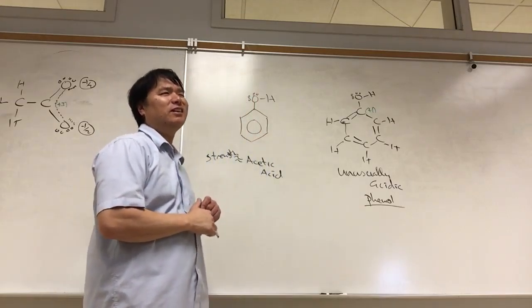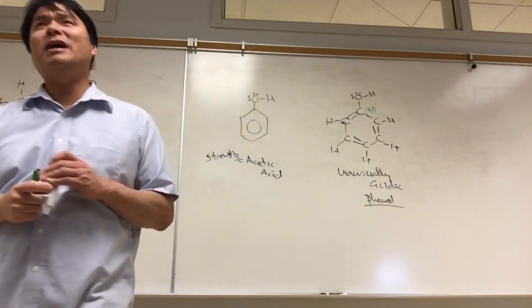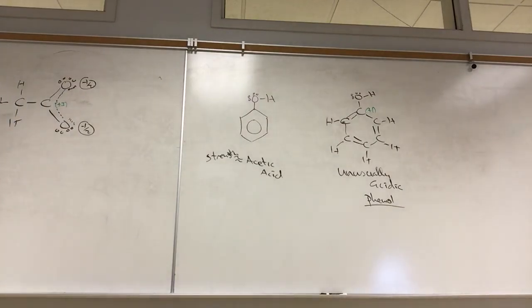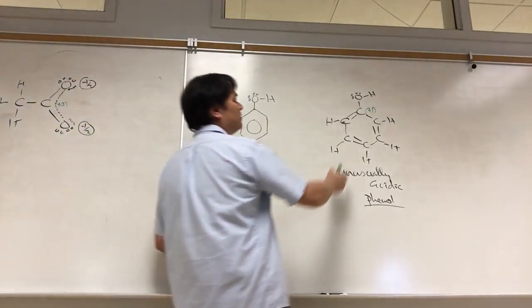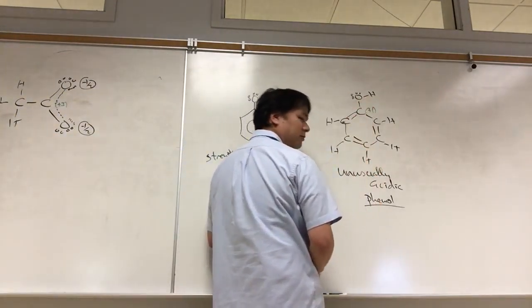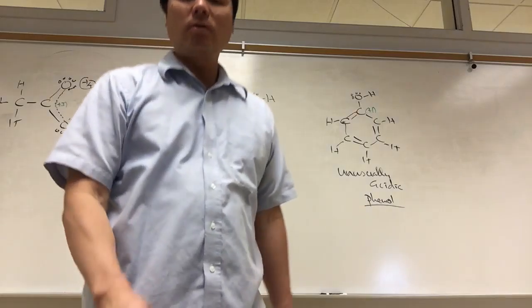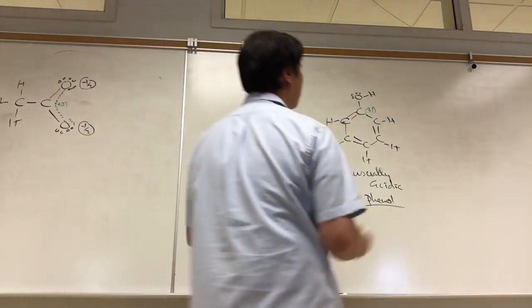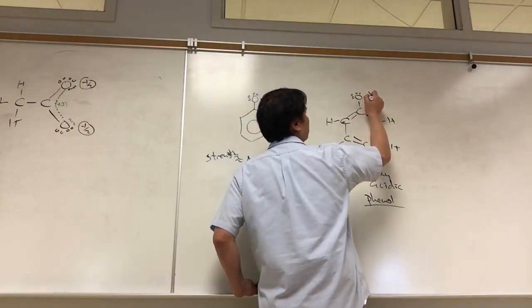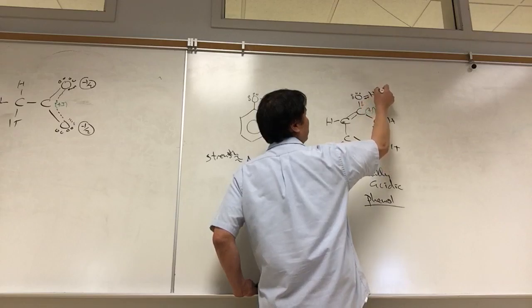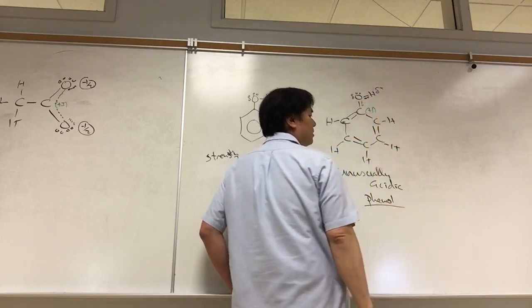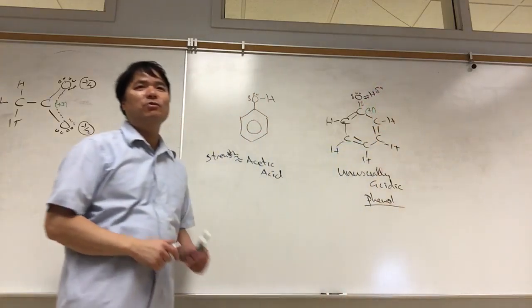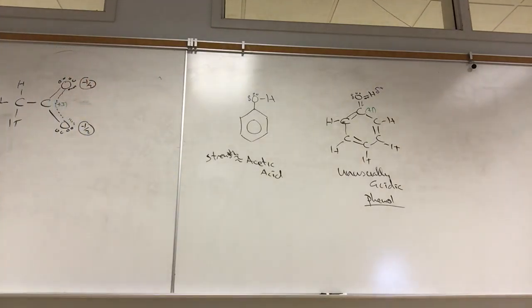In ethanol, it was -1. In acetic acid, it was +3. So this is somewhere between. It doesn't look like there's much of an inductive effect. Maybe a little inductive effect, making it more polar than ethanol, but less polar than acetic acid. And so it doesn't look like polarity is the main factor why phenol is so acidic.